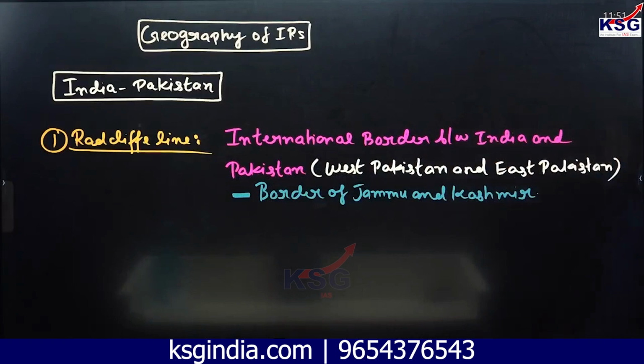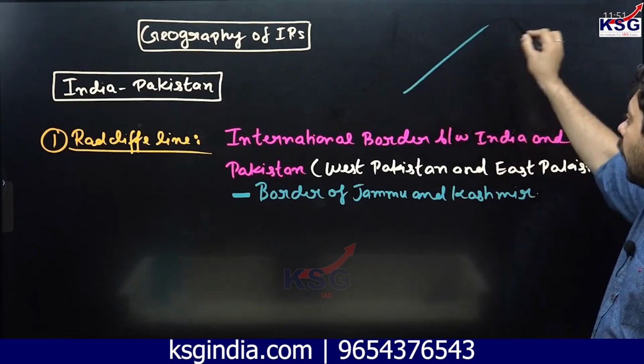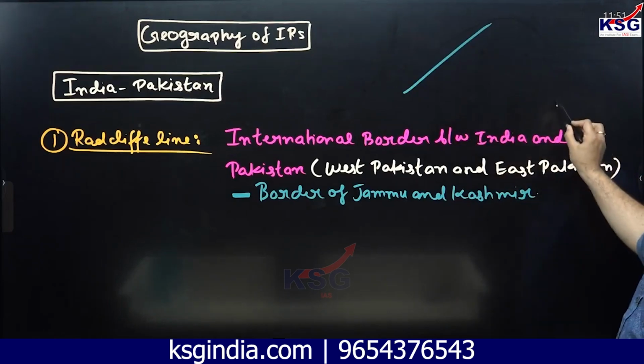Okay, so what I mean to say is what we call the Radcliffe line is a line which was created by the Britishers to demarcate the territories between India and West Pakistan and East Pakistan.